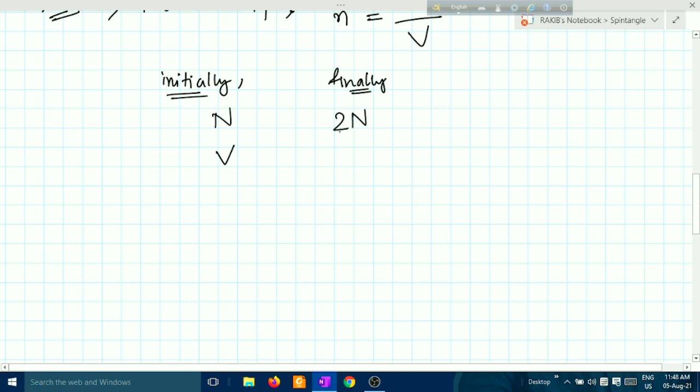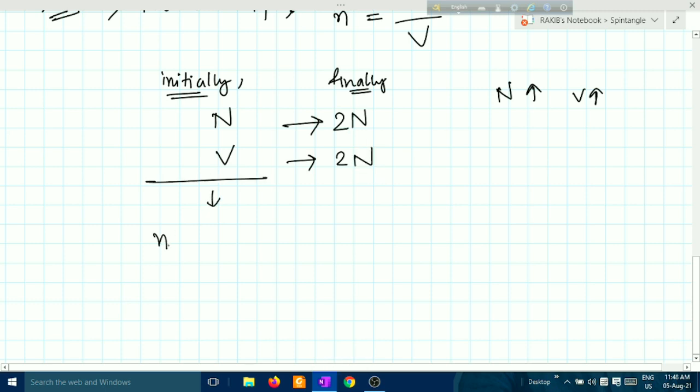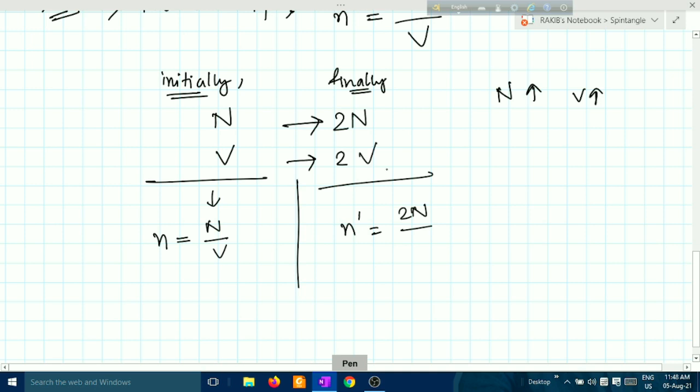That means the number of particles got doubled. As I have told in the previous section, if the number of particles increases, then the volume will also increase by a factor of 2. From the initial state you can see that the number density becomes N by V, and from the final state the number density becomes 2N by 2V, which is N by V.